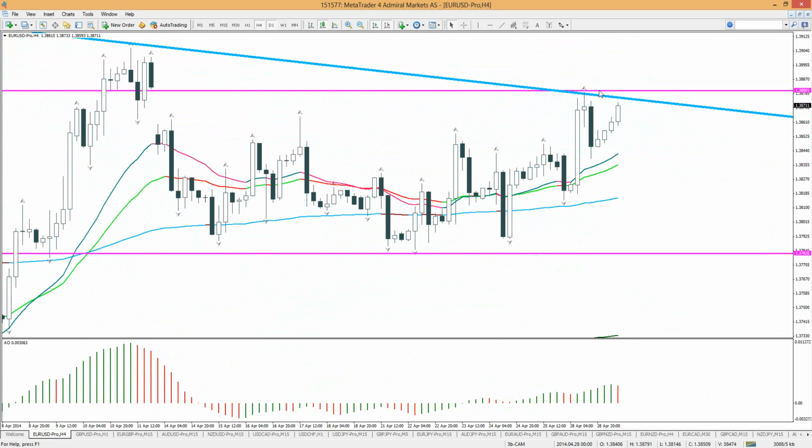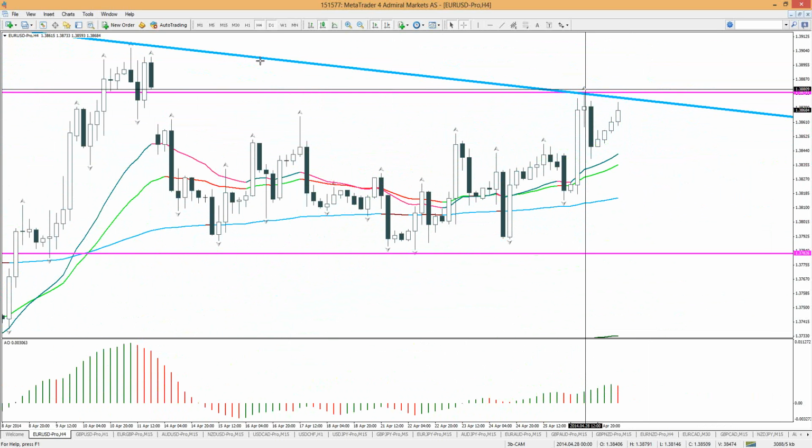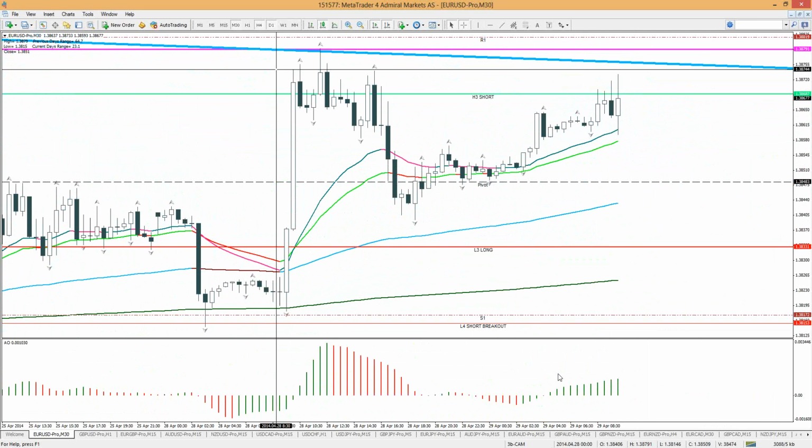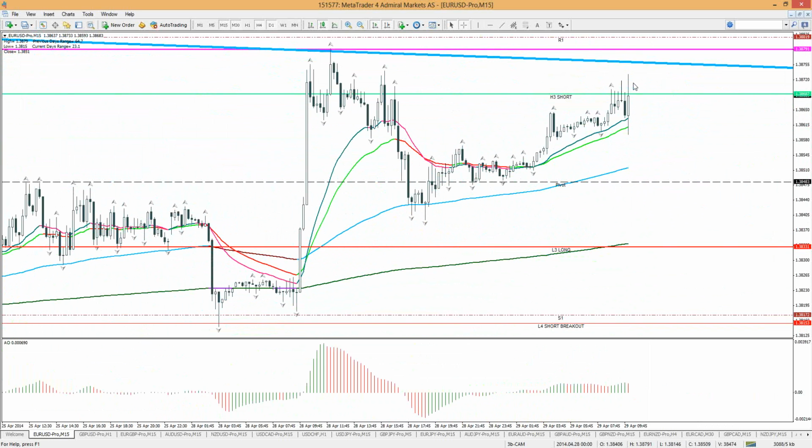Now, price can break through it, but it's a risky practice to go long 10 pips in front of a daily high. If we zoom into the 15-minute chart, you can see that for me, that would be a reason to not be going long here. It could have been a long upon the break of this trend line here, like that.